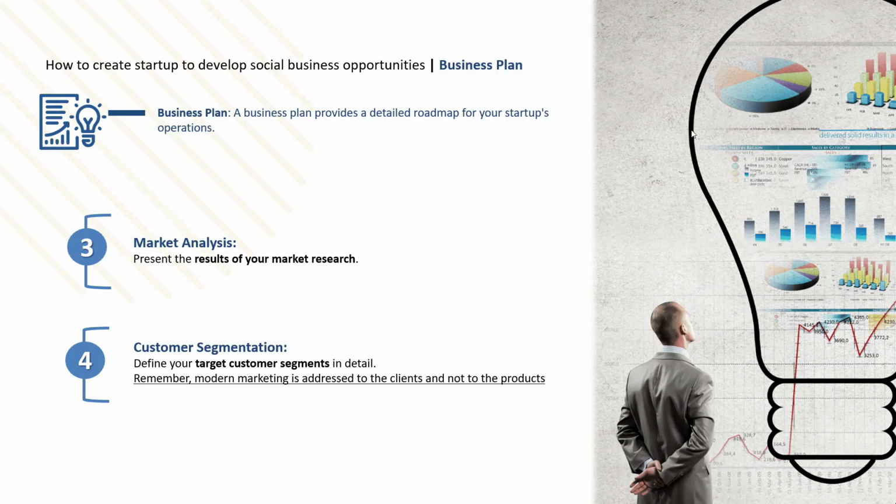Whoever is reading a business plan needs to understand very well that the environment where your startup will act is perfectly known by you. So you will give details about the market analysis that you have performed, how many competitors you have, how large a potential market size you can imagine to have, which kind of problem you are going to solve.